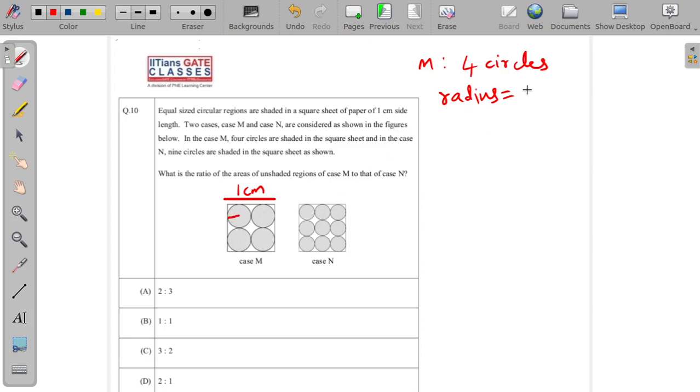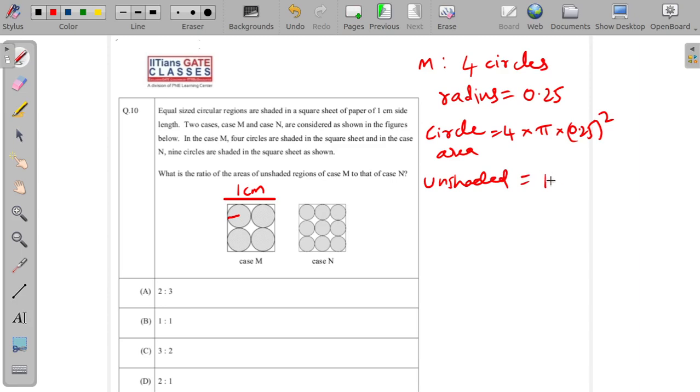If I take this entire length as 1 centimeter, this will be the radius. So it's 0.25 centimeter radius. So total circle area will be, there are 4 circles and pi r square, pi into 0.25 the whole square, and unshaded is 1 minus this quantity.